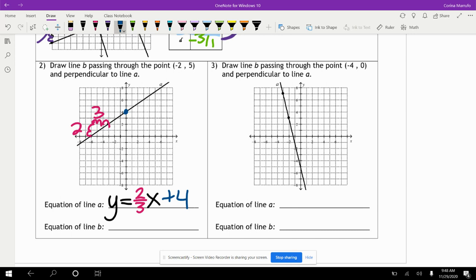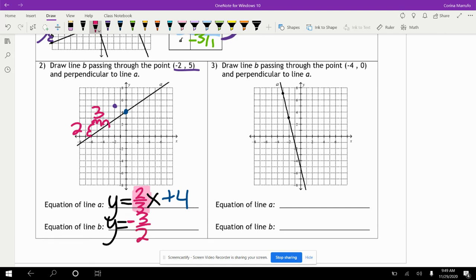Okay, now for line B, they give us a point. They want the line to go through -2, 5, so that's where I'm going to start. +5 would be here. And if they wanted it to be perpendicular to this line, we're going to have to get a perpendicular slope. So if this is 2/3, we would have to flip that over and do 3/2.